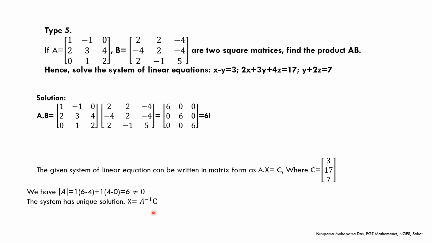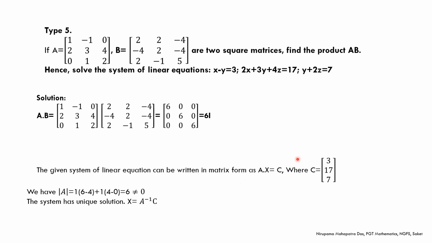But here the fact is A inverse will not be found by the usual method. I mean you cannot find A inverse from the method you have studied, like adjoint of A by determinant of A. Neither can you use elementary transformation here.